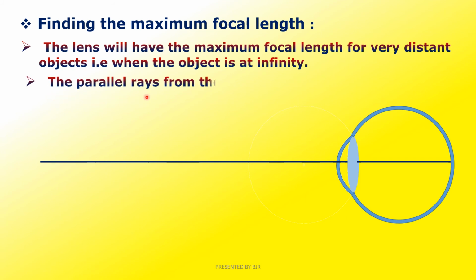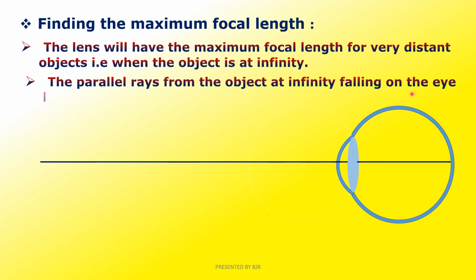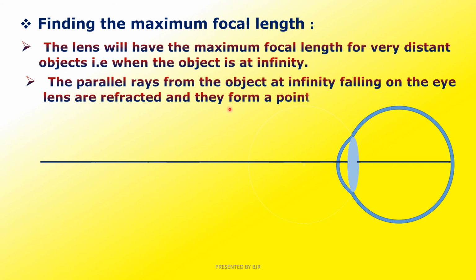The parallel rays from the object at infinity falling on the eye lens are refracted and they form a point-sized image on the retina.